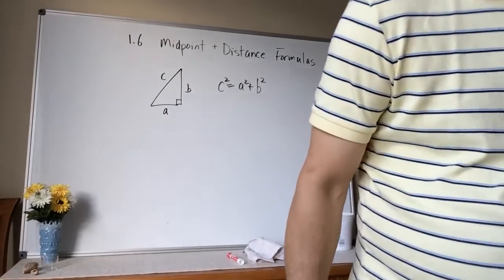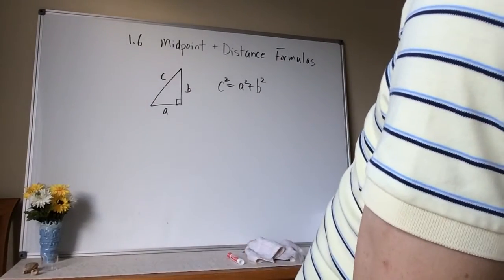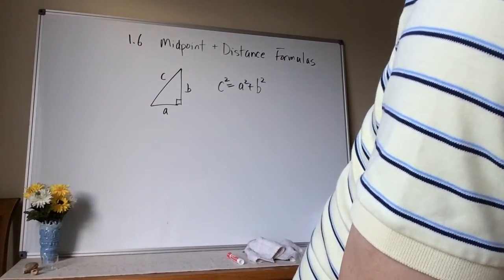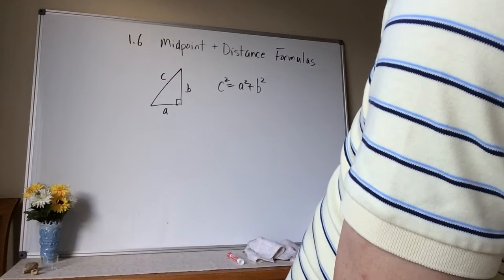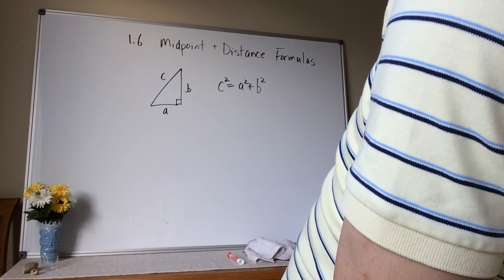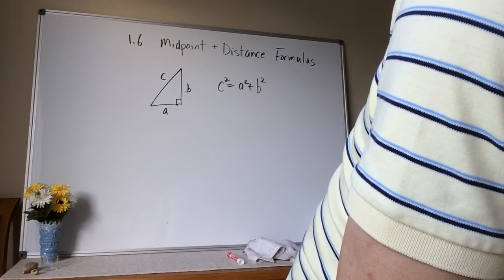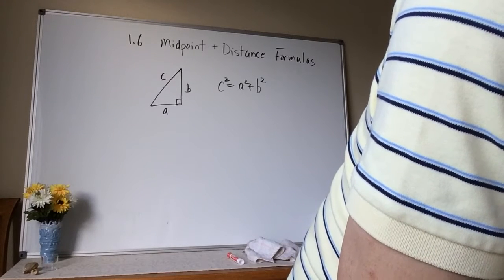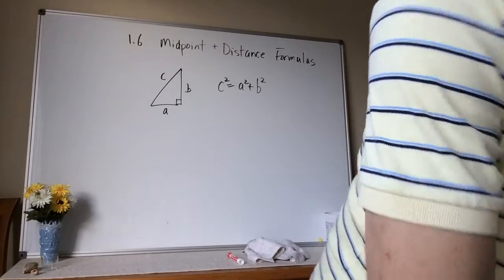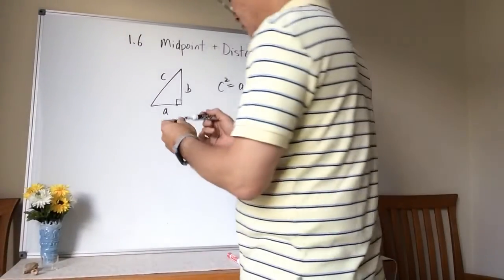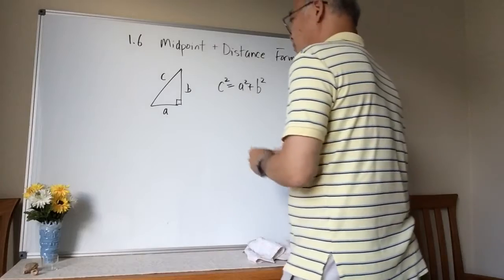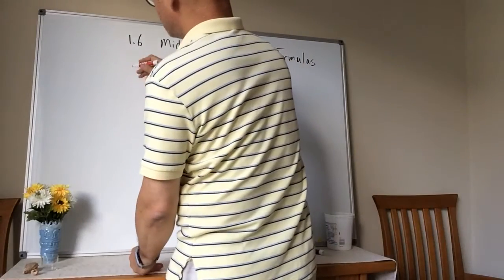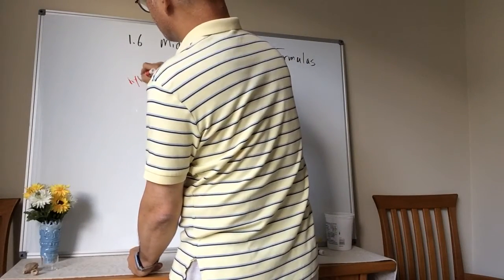Okay, so let's see if we can do example number 4. Find the distances in the coordinate plane. It says use the distance formula and the Pythagorean theorem to find the distance to the nearest tenth from A to B. Also, by the way, as long as we're here, we should say that this here is the hypotenuse.